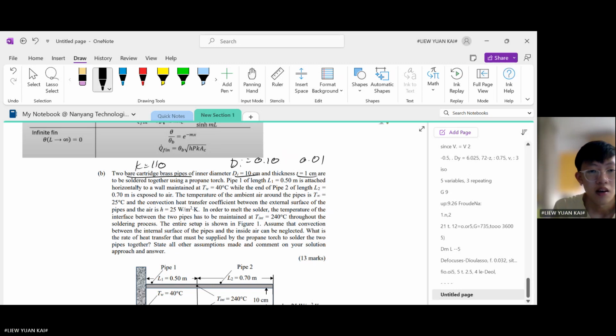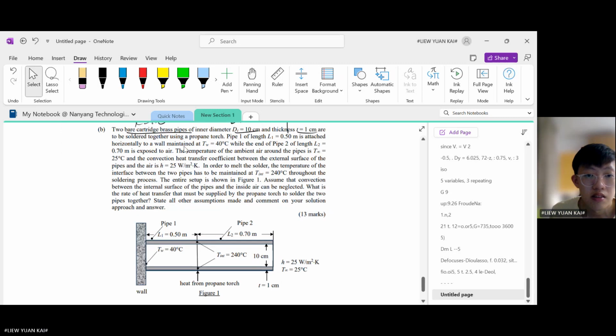There are two brass pipes soldered together by a propane torch. Pipe 1 of length 50 cm, yeah, if you want it in centimeters, it's 50 cm, is attached horizontally to a wall and maintained at TW equals 40 degrees Celsius.